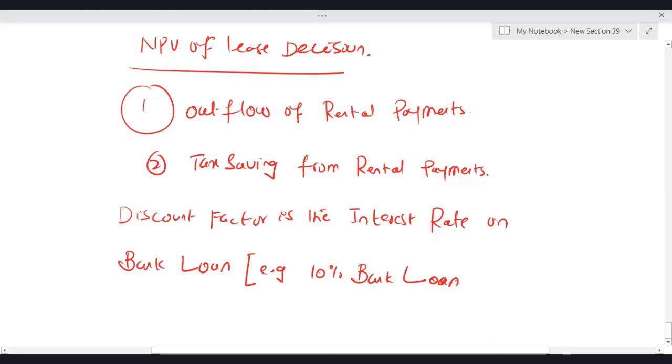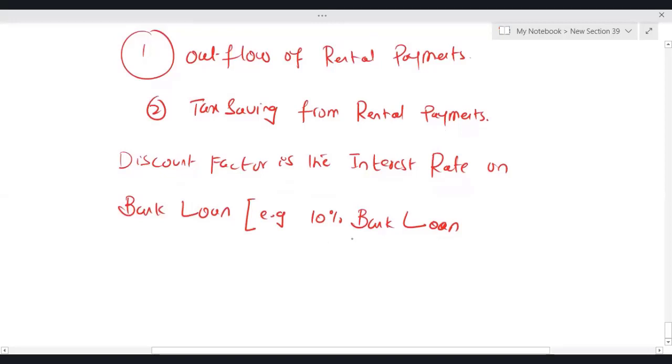But normally you will be having a tax rate also. If there is a tax rate, then discount factor, cost of capital will be after tax. Let's say 10% is the bank loan, and let's assume the tax rate is 30%. Now your discount factor will be simply 10% times (1 minus t), it will be 7%.